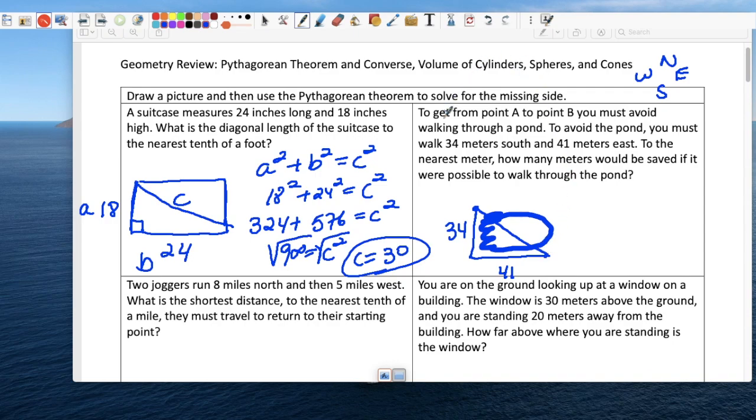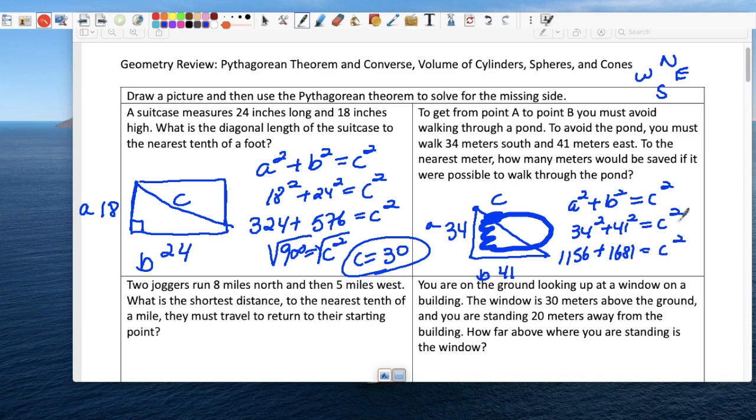And again, this is C, right? So we're looking for the hypotenuse, and let's call this A and B. A squared plus B squared equals C squared, so we have 34 squared plus 41 squared equals C squared. 1156 plus 41 to the second power, which is 1681.